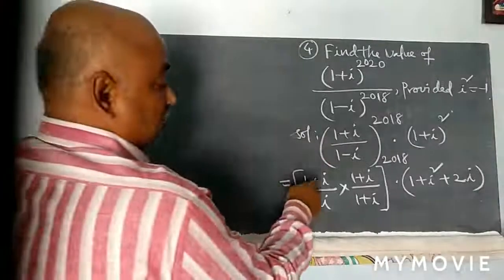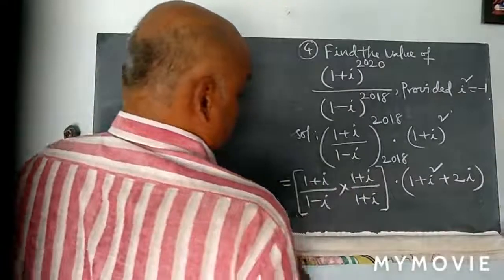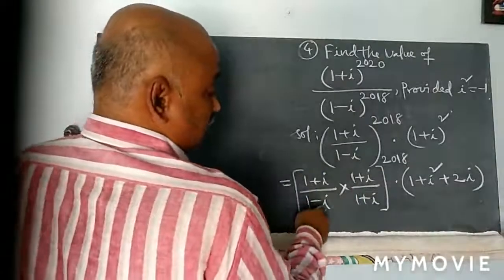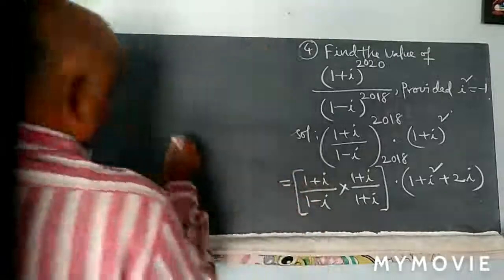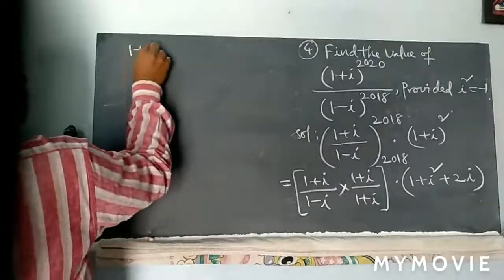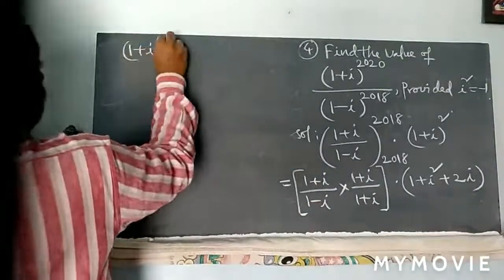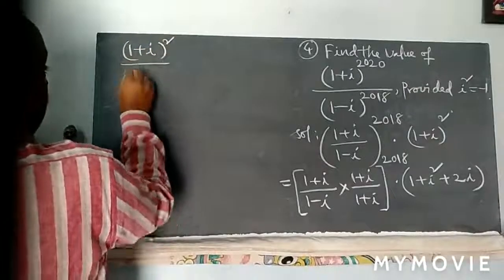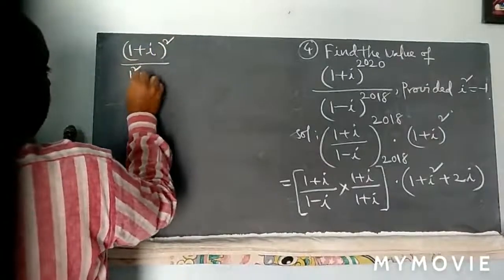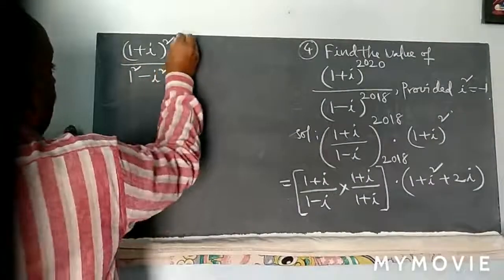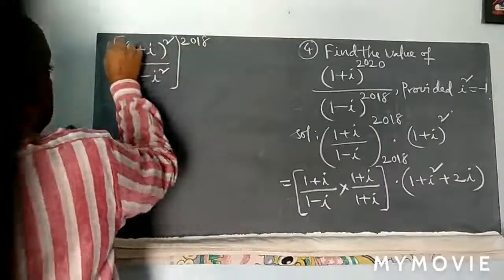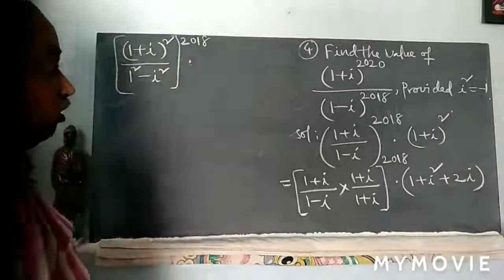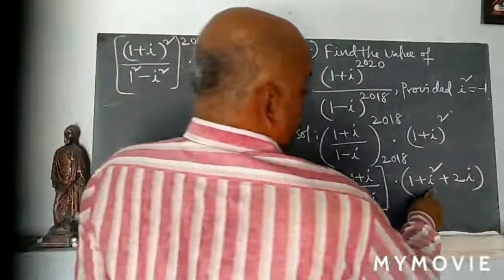Here (1 plus i) into (1 plus i) is (1 plus i) whole square, and a minus b into a plus b is a square minus b square. So (1 plus i) whole square by (1 square minus i square) whole to the power of 2018 into, i square value is minus 1.